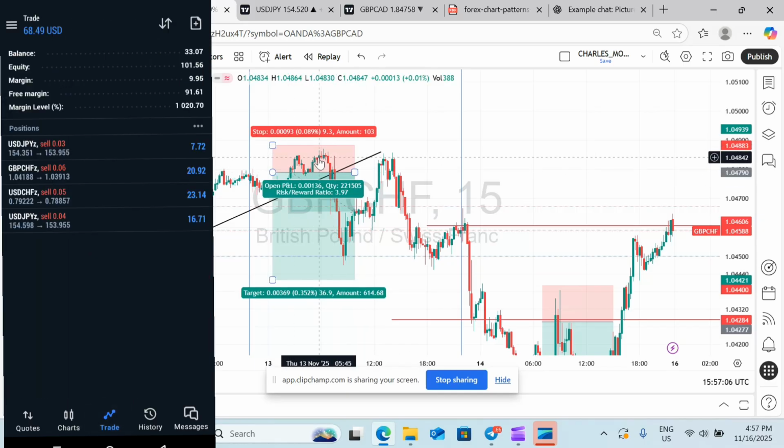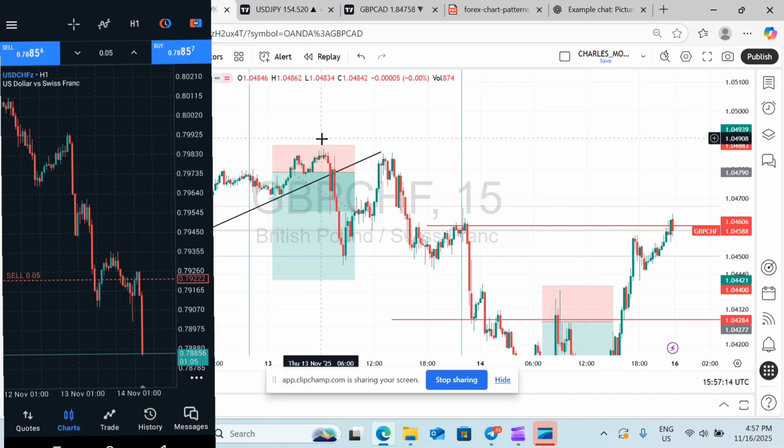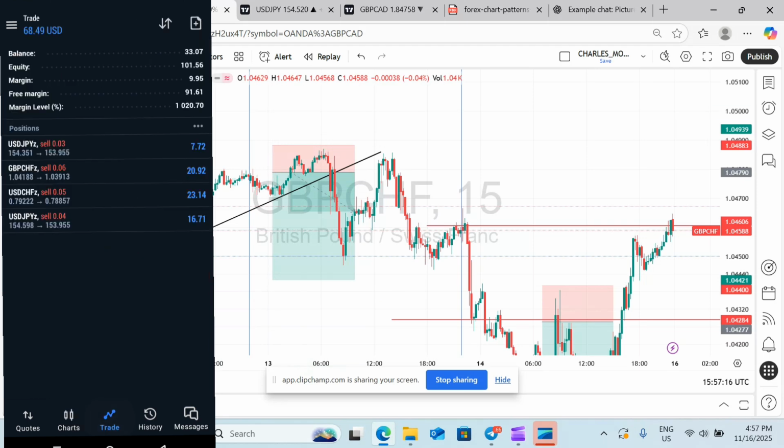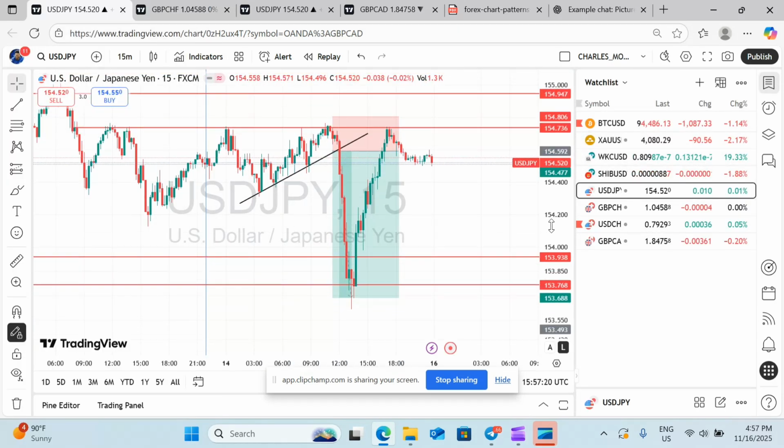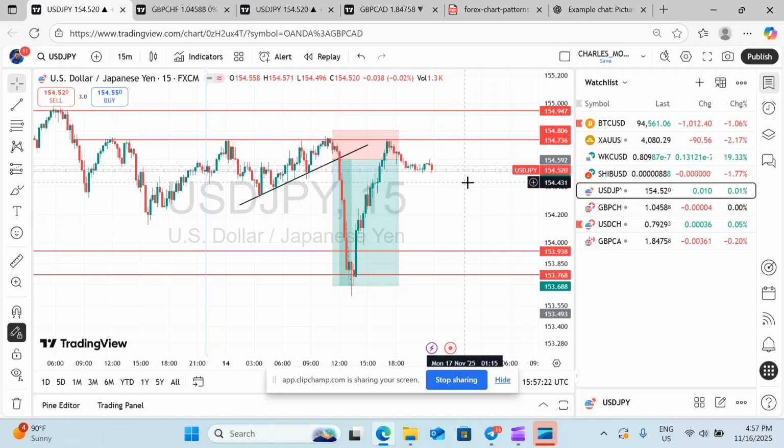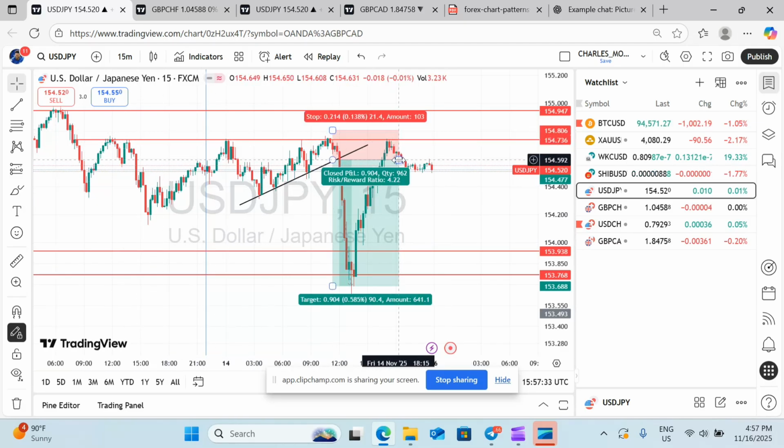Then sometimes your stop loss might be above the recent high, which is what I did there. If you also check the other pair, USDJPY, this is one of the pairs I usually trade the most. You know the way people like gold, this is how I love this pair. I so much love this pair.